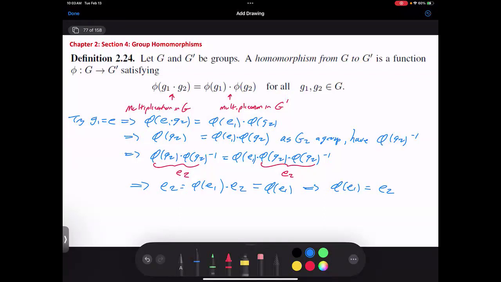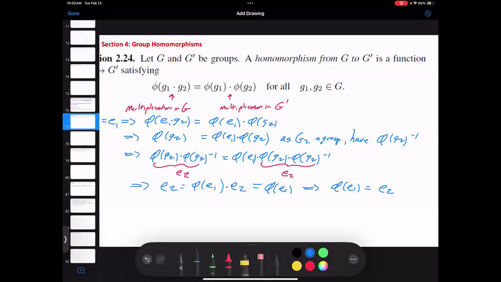There is another choice of G1 that's a good choice to look at, and it's going to be a choice that depends on G2. What would be another good choice of G1? So before we chose G1 to be E1, yeah, take the inverse of G2.